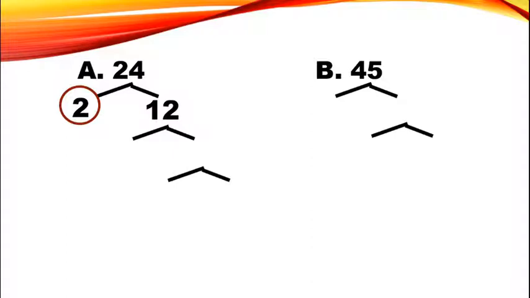How about 12? Okay, that is composite. So we need to find again two numbers that we can multiply to get 12, or we need to find the factors of 12. That would be 3 times 4.